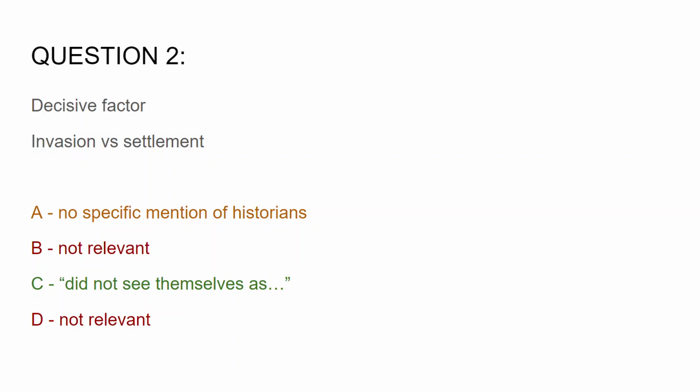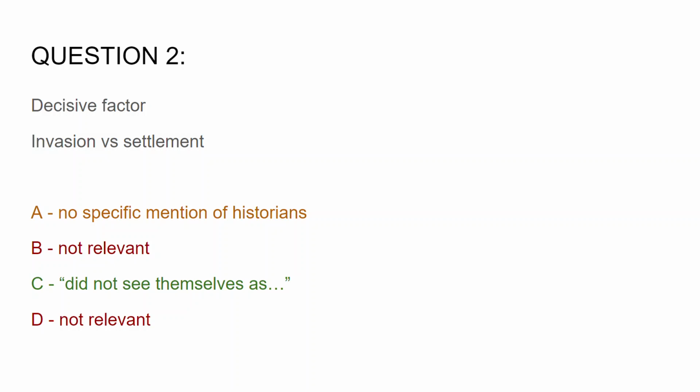They're not relevant, so those ones hopefully you can eliminate very quickly. A is the perspective of the historian. Now, this is a little bit tricky because it does talk about perspectives of the past and how our use and terminology changes as society moves on and perceptions of the past change.